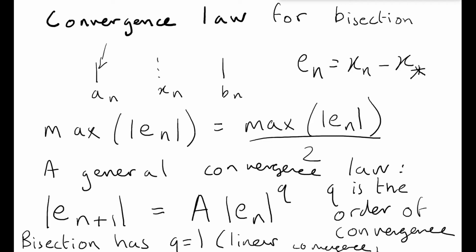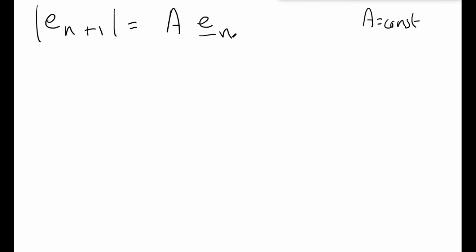Let me just start at the top of the board again, because this is quite an important idea. So we've got e_{n+1} equals a, where a is a constant, times e_n to the q.